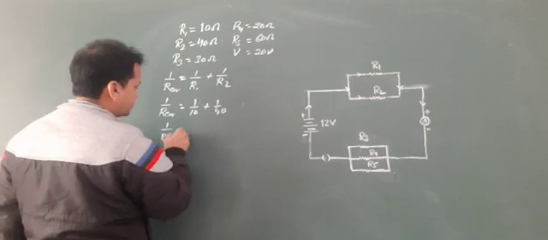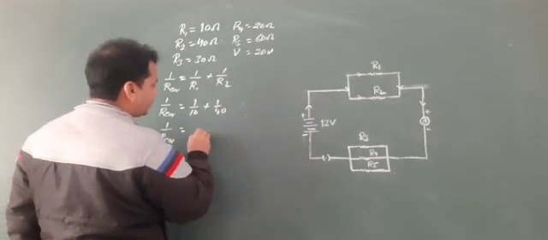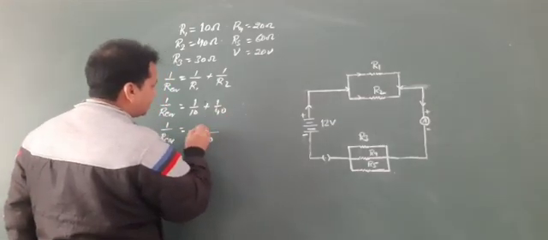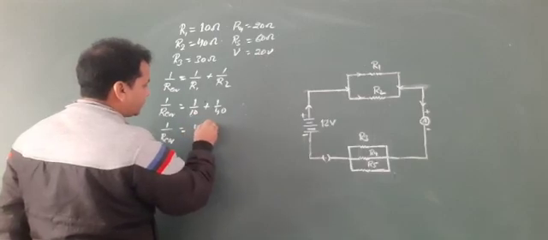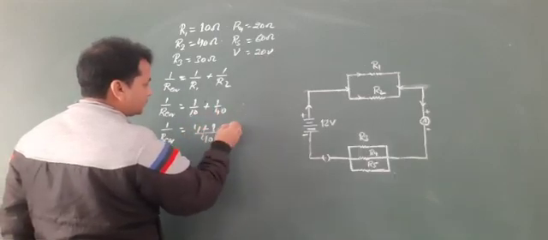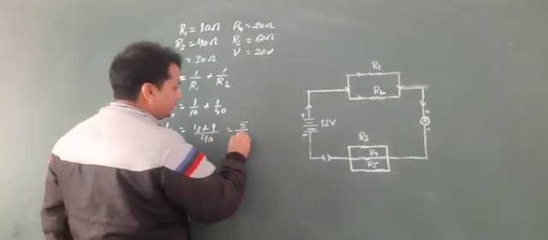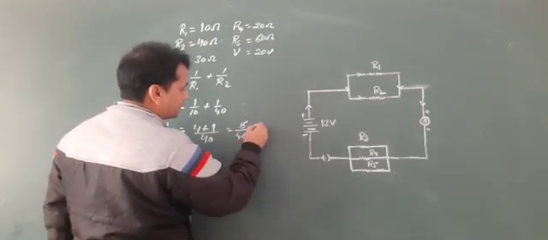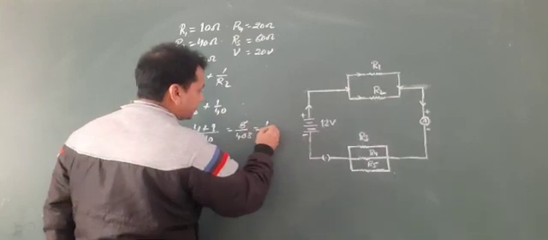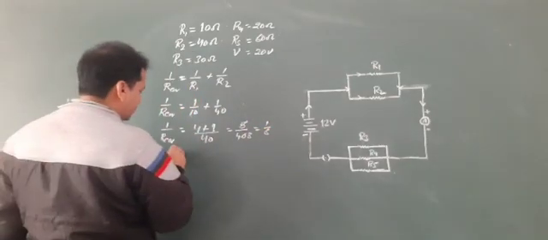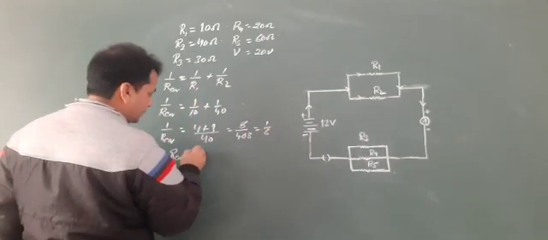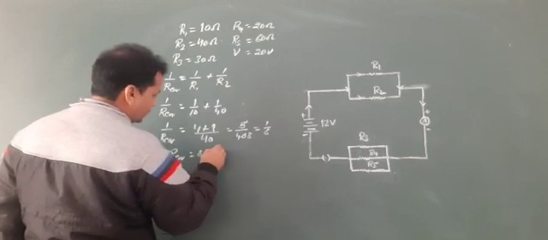Then the LCM of 10 and 40 is 40, so 4 plus 1, we can write 5 by 40, that is 1 by 8. So the equivalent resistance is 8 ohm.